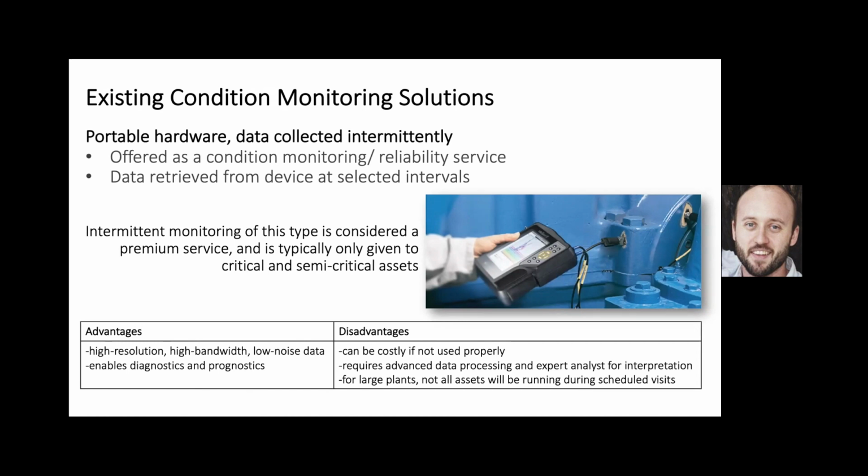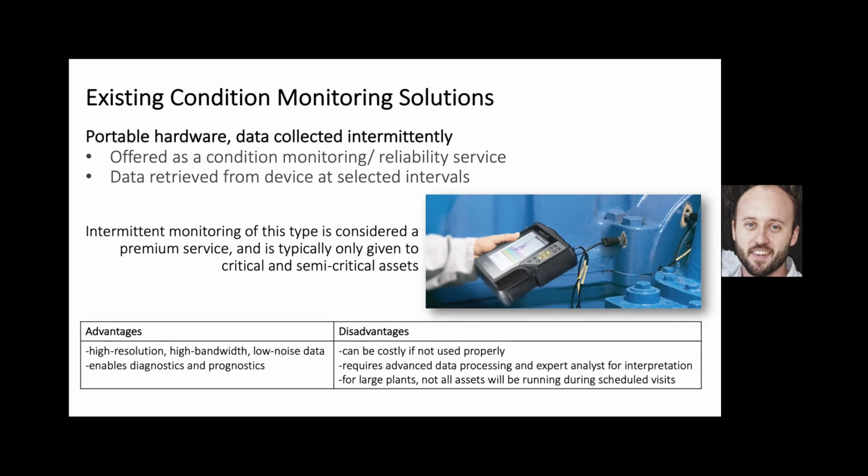So this is oftentimes a very good service, but at the same time, it can be very expensive if we're doing this at regular scheduled intervals, and say the individual responsible for collecting this data shows up on site that day, and maybe that piece of machinery is not running due to its planned downtime. Then you're not able to collect meaningful data and you're not able to analyze it appropriately.